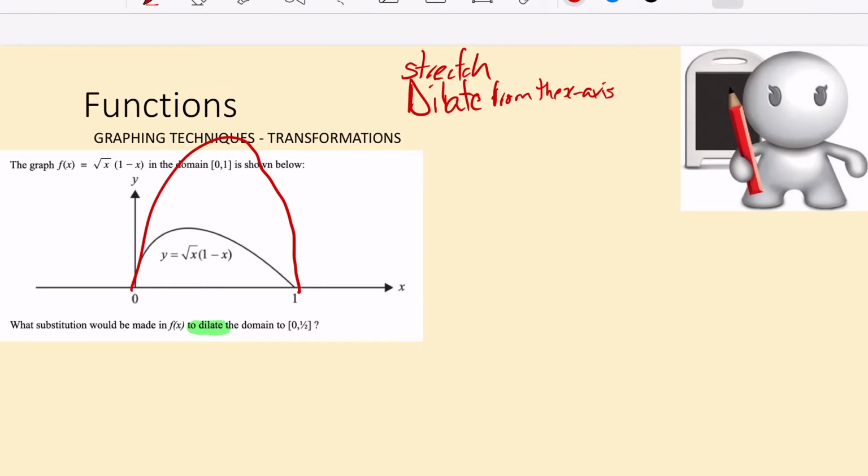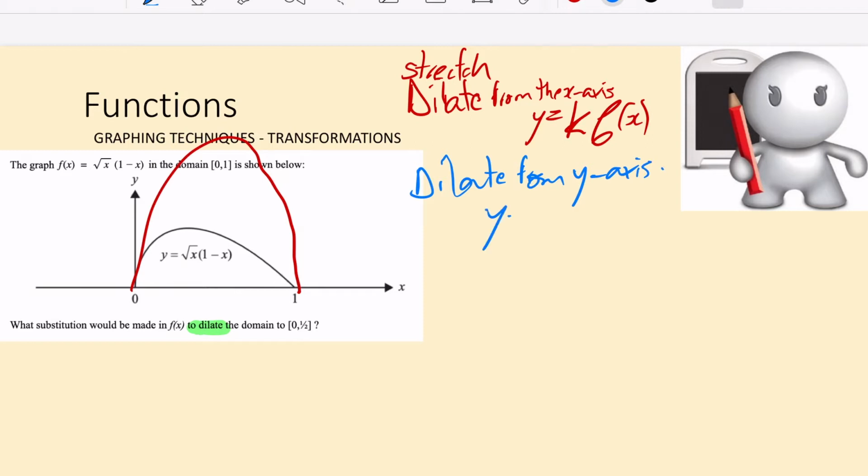Okay, so that's your x-axis dilation, by multiplying your whole function by a number. Or you can dilate from the y-axis. So stretch from the y-axis, by substituting x by a multiple of x.